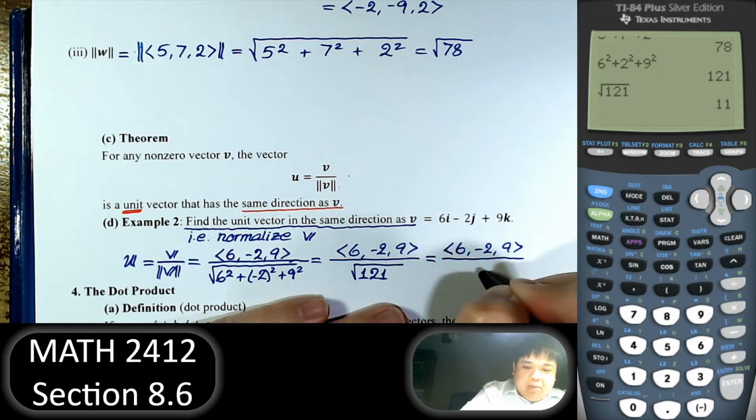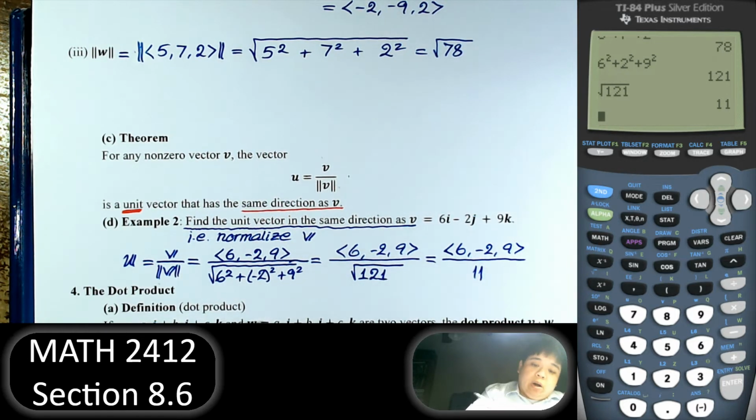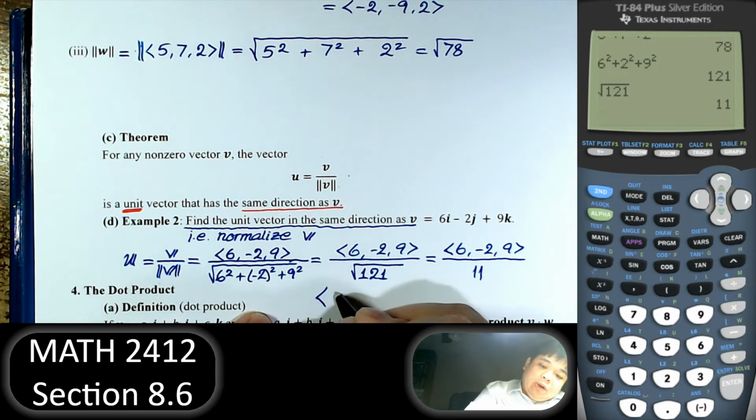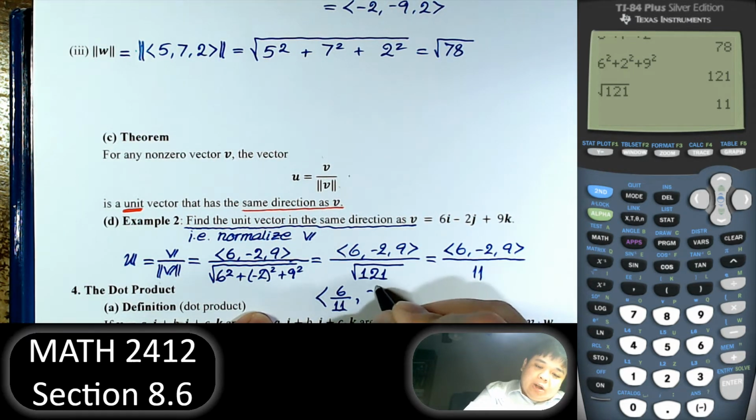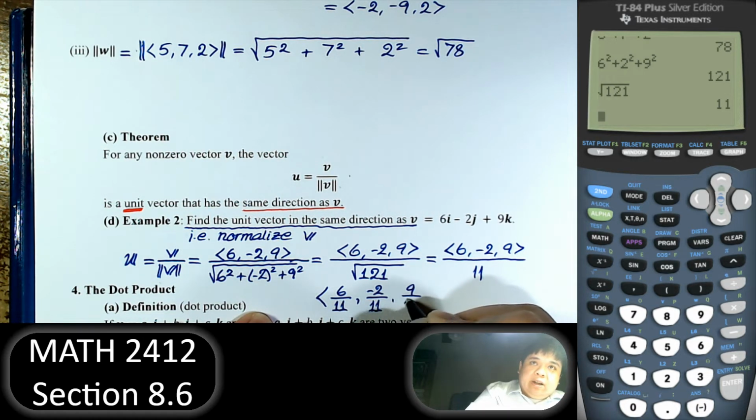So the vector divided by 11, meaning each component will be divided by 11, and we have the vector 6 over 11, -2 over 11, and 9 over 11.